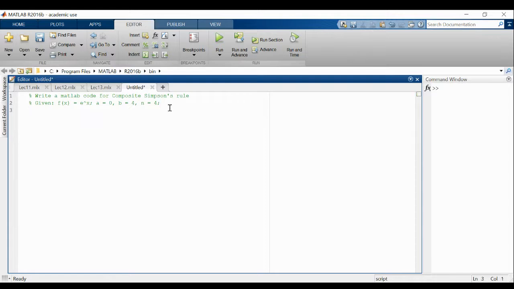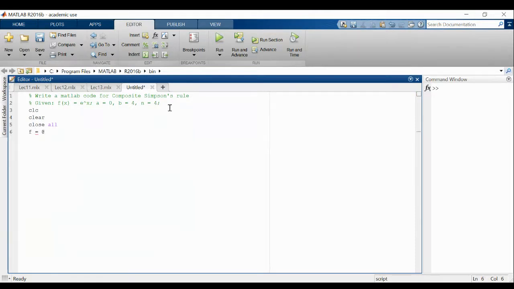Okay, so what we need again is to start from the beginning. So we write clc here and close all, and then we define our function, and we know how to define the function now.